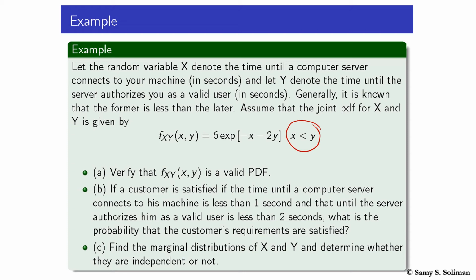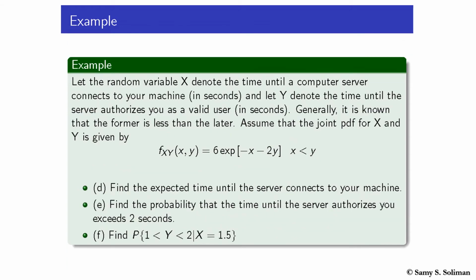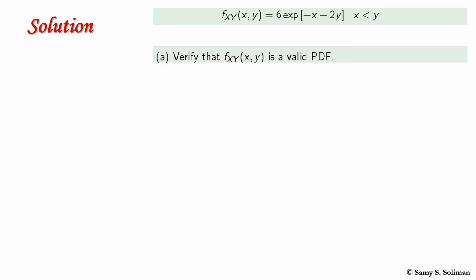And we are assuming, or we are given, that the joint PDF for x and y is given by this exponential expression. We have a set of requirements, so let's address each one of them individually. The first requirement says that it is needed to verify that the joint PDF is a valid PDF.